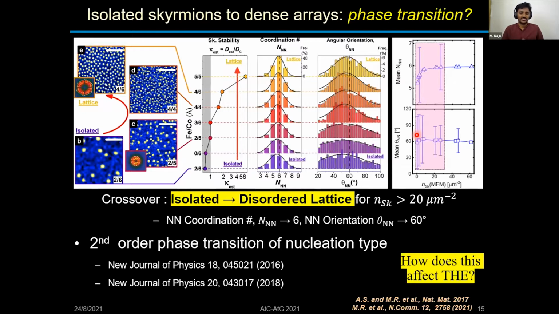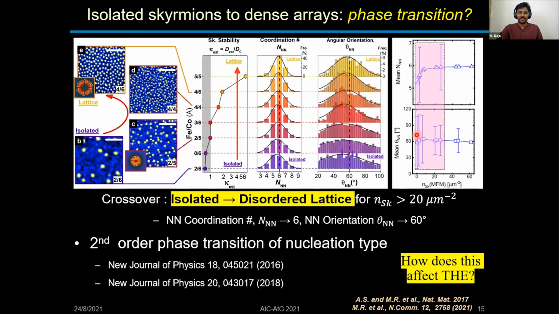Indeed, this kind of transition is expected, called a second order phase transition of nucleation type. As a Skyrmion lattice dissolves and becomes a trivial ferromagnetic phase, it goes through a phase of isolated Skyrmion configuration. So this is in fact understood in terms of a second order phase transition, but no one has seen how this affects the topological Hall effect.